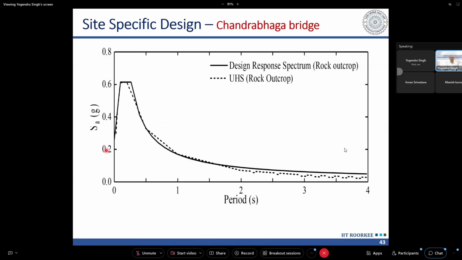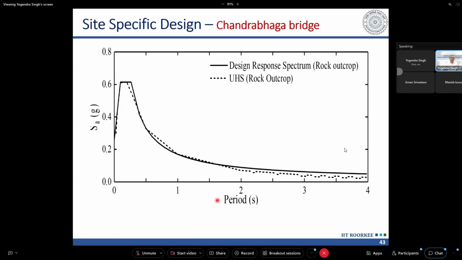And based on that, we perform PSHA, probabilistic seismic hazard assessment. And this dotted line gives what we call the UHS, uniform hazard spectrum. So what is this uniform hazard spectrum? This spectrum gives equal probability of occurrence. For example, I said 2475 years.